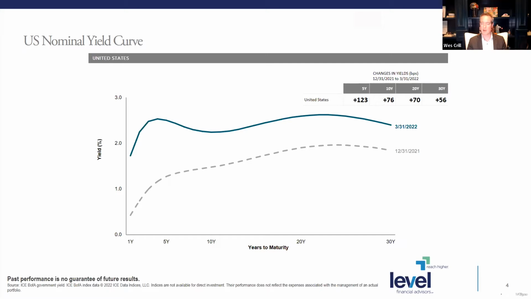Now, as you can see by the blue line there, that's not exactly what we've seen more recently, where you have this kink over in the shorter period, about the 2 to 3 year maturity segment of the curve. Because that portion of the curve has risen, there's no longer that positive slope.